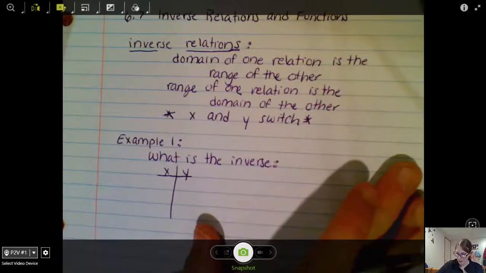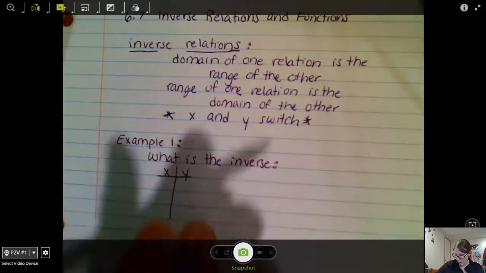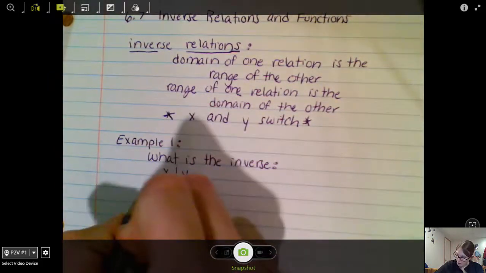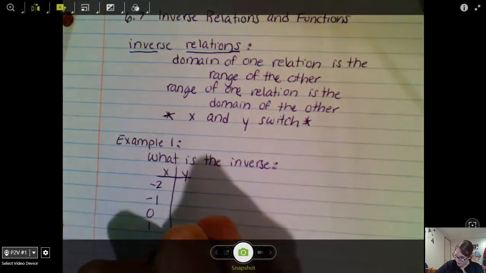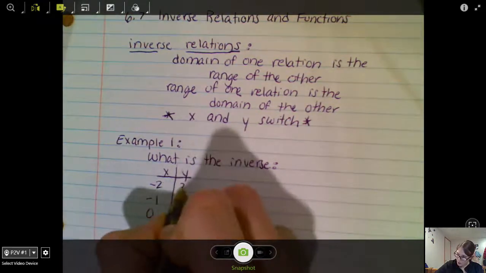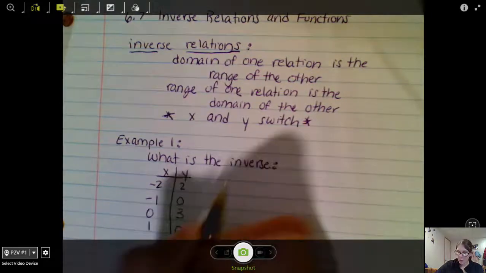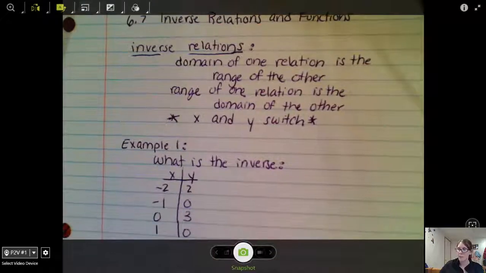My table of values, I have -2, -1, 0, and 1 for my x values, 2, 0, 3, 0 for my y values.